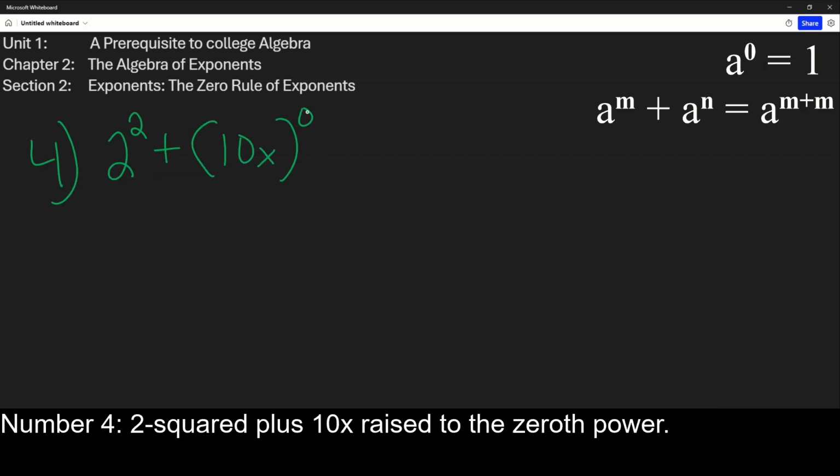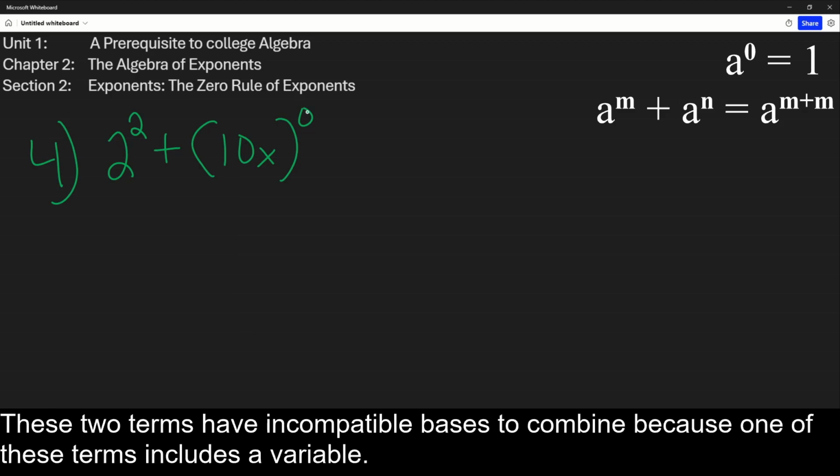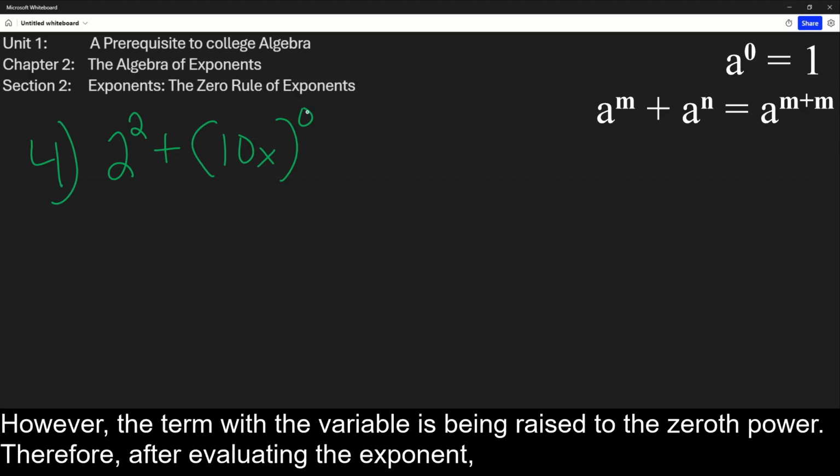Number 4, 2 squared plus 10x raised to the 0th power. These two terms have incompatible bases to combine because one of these terms includes a variable. However, the term with the variable is being raised to the 0th power.